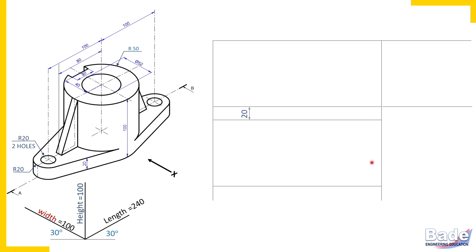And how to project width from top view to side view, you know it now. So draw 45 degrees line and draw the projectors to complete the rectangle. So this is how this rectangle is for front view, this rectangle is for top view, and this rectangle is for side view. Okay.